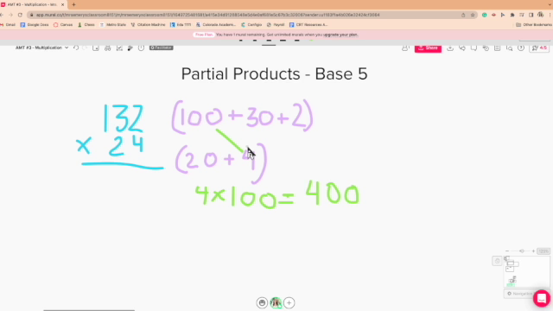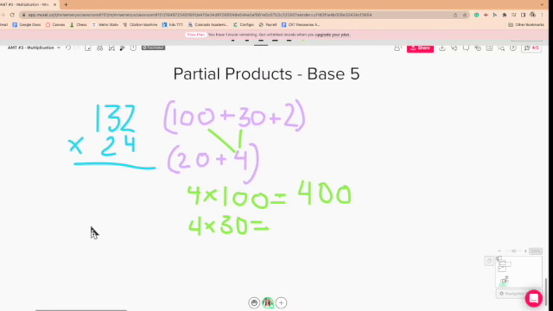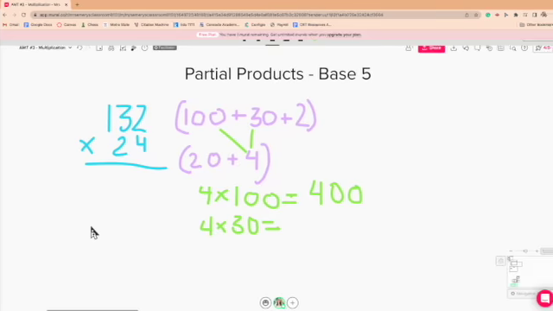Now I need to do 4 times 30, which is going to be, I'm going to have to look at my base 5 chart again.